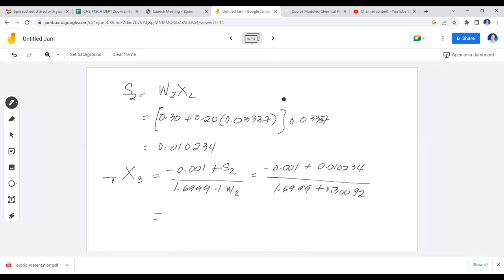So you will have an X3 value of 0.00460188.